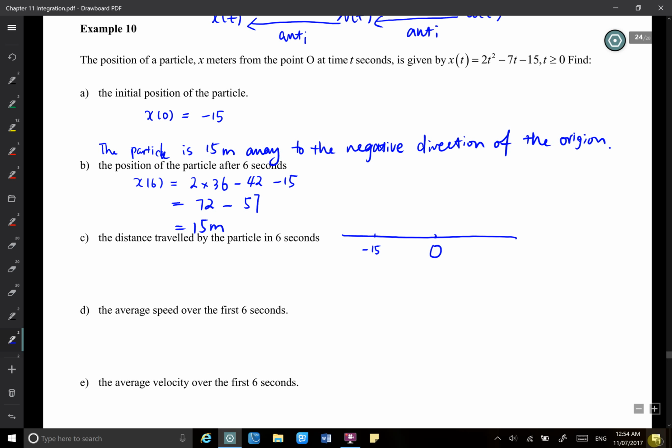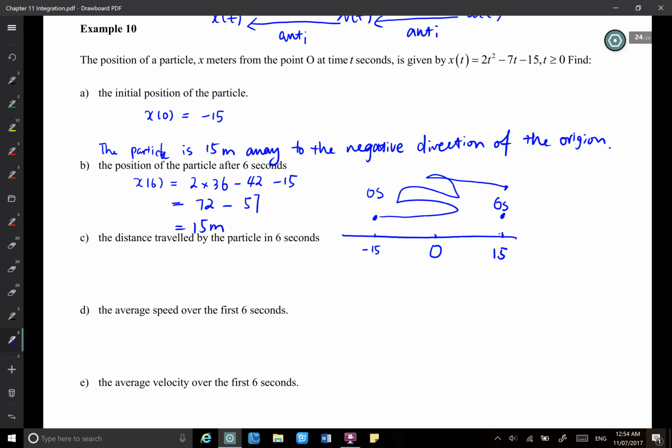That's negative 15. That is positive 15. This is the particle at 0 seconds. Well, this is after 6 seconds. I don't really know what happens in between, so it can go like that. But in the end, it will stop at 6 seconds at 15 meters away. So the displacement is 30.